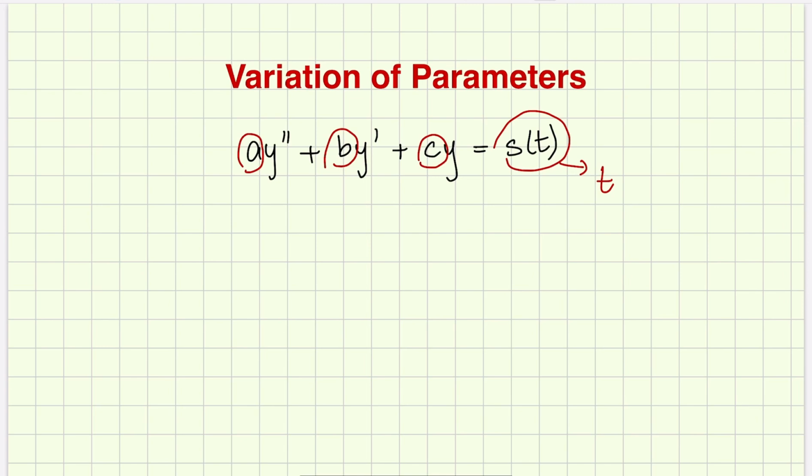If this whole thing was homogeneous, this thing would equal 0. So when we solve a second order homogeneous differential equation with constant coefficients, we assume a general solution of the form y is equal to b1 y1 of t plus b2 y2 of t.